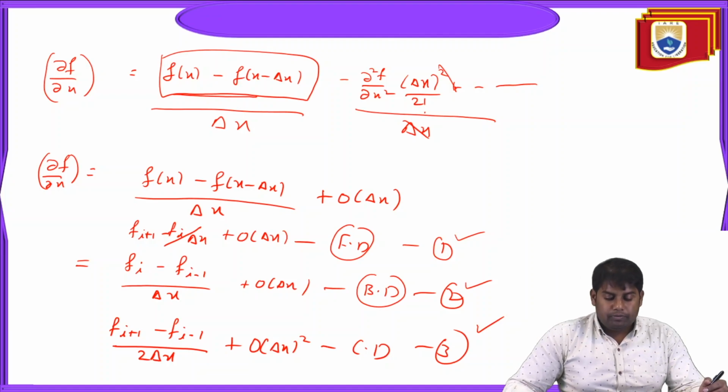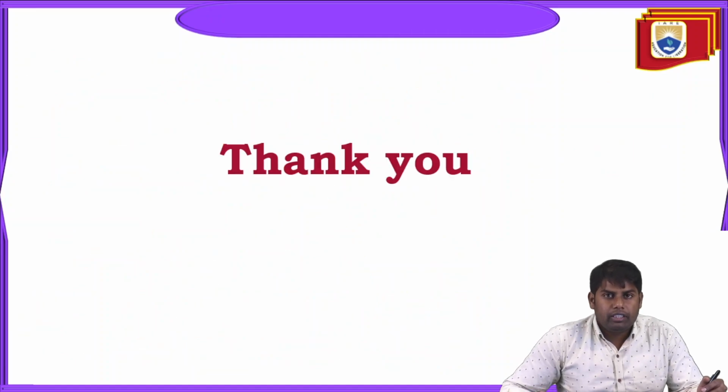In the next session we will see how we do the discretization for the second derivative, and we will substitute the full second derivative and first derivative equations in the continuity, momentum, and energy equations, and see the full-fledged governing equations in discretized form.